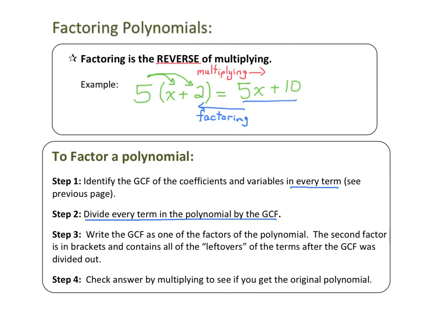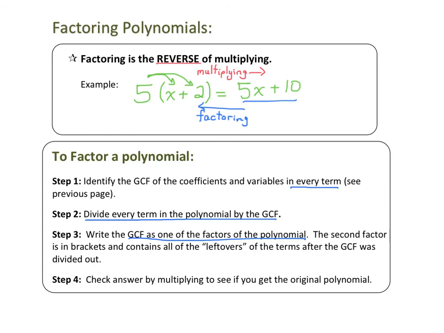Then we write the greatest common factor as one of the factors of the polynomial out front. The second factor is in brackets and contains all of the leftovers of the terms after the greatest common factor was divided out. So basically, after you divide, what are you left with? That's what you put in the brackets.